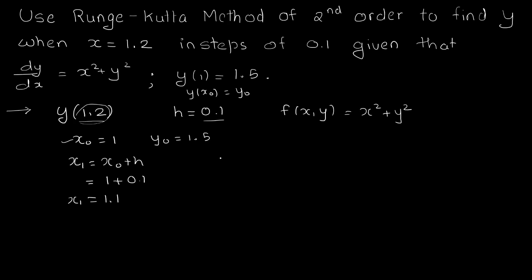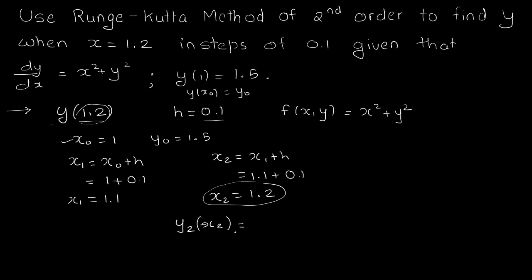Then next will be x2, which will be x1 plus h, that is 1.1 plus 0.1, that is 1.2. This becomes my x2. So basically, I want to find y2 at x2. So this is my question.